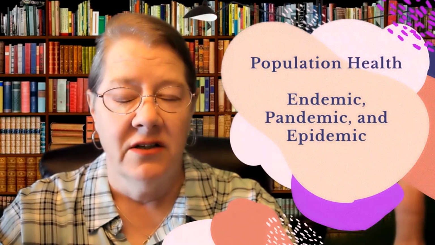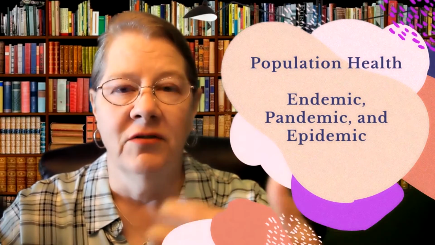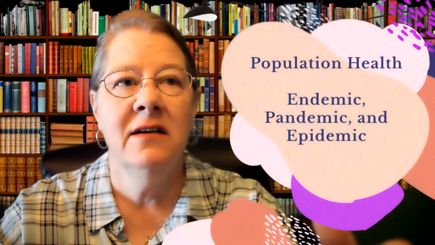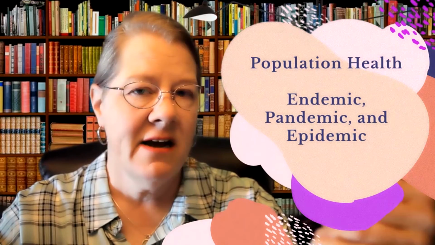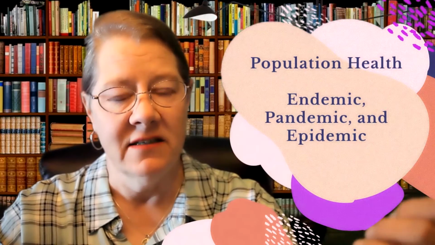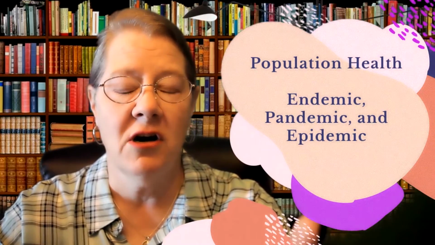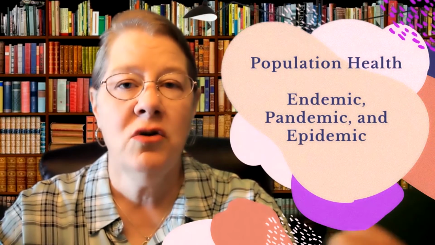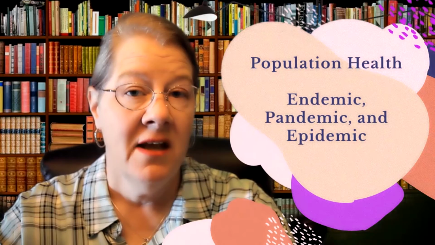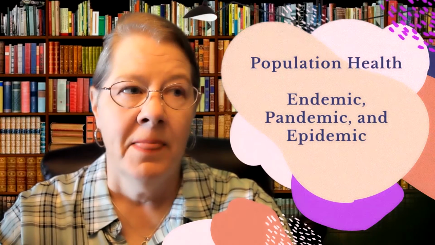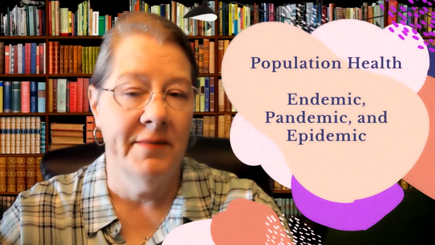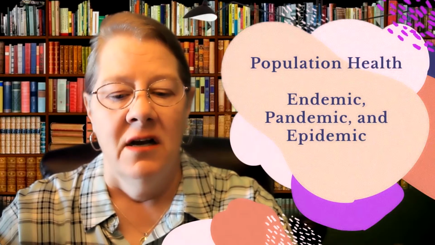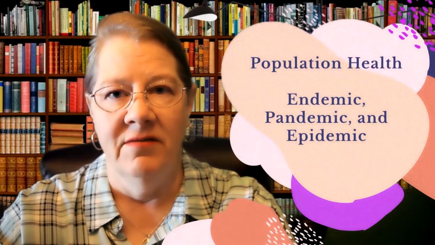I believe it's transmitted by mosquitoes, and we just have it in that area over and over and over again. But it's not here in the United States. We don't see malaria. We see people who've gone to Africa who have caught malaria, who come home and are dealing with the diagnosis of malaria, but that's really not a super common thing. However, it's endemic to that area of Africa.